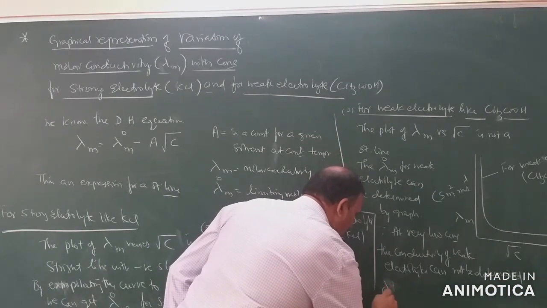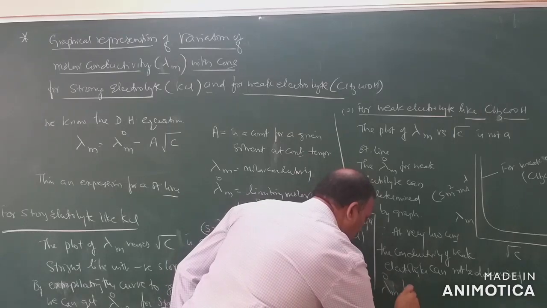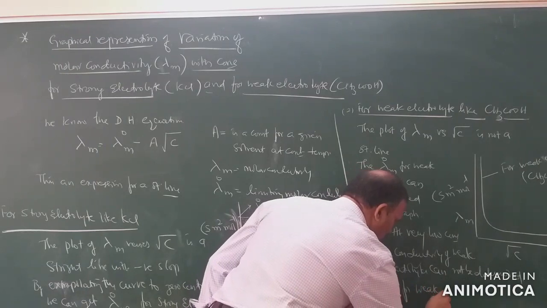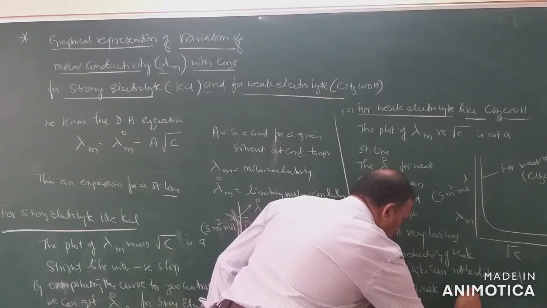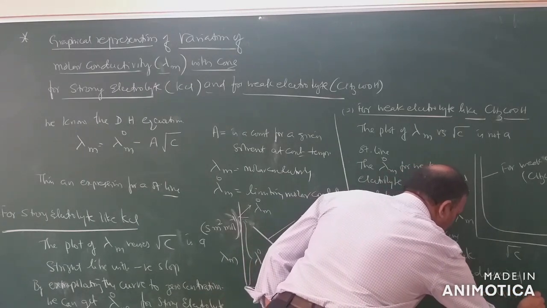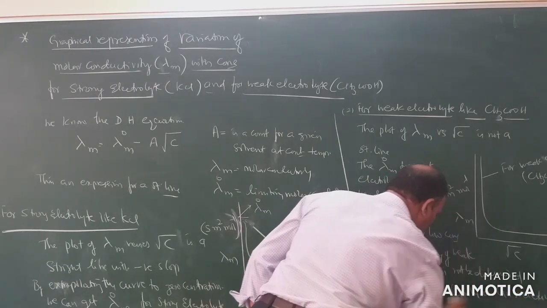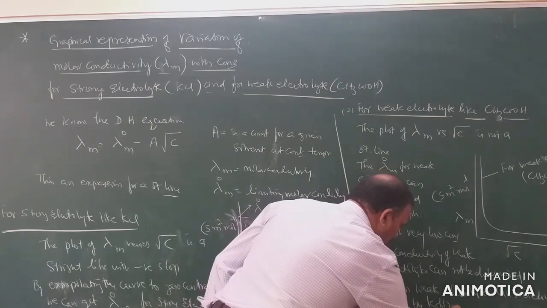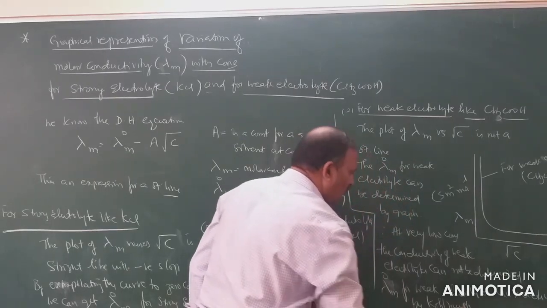So lambda m0 for weak electrolytes can be determined by Kohlrausch law.